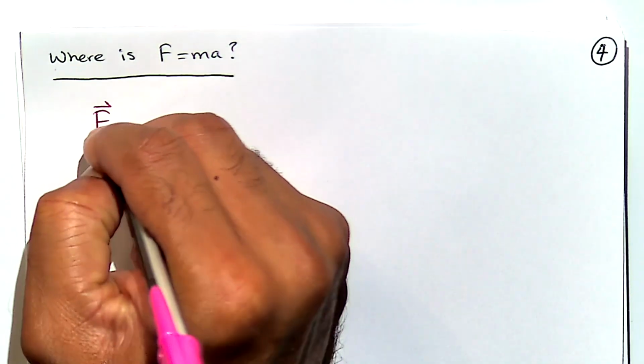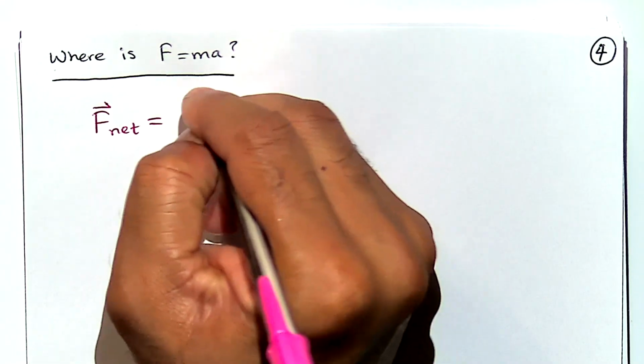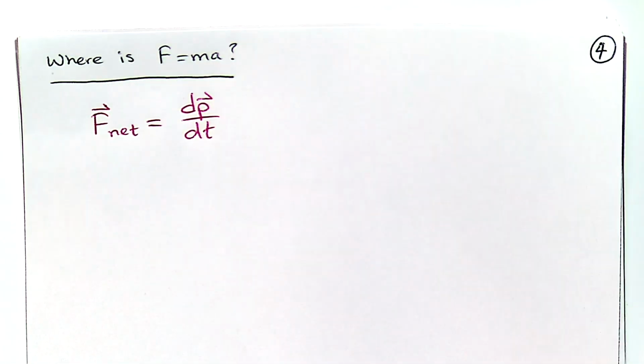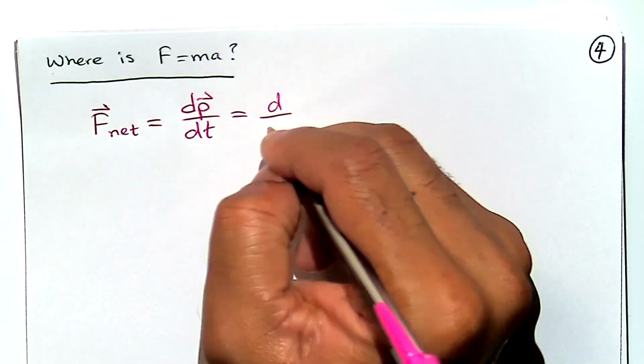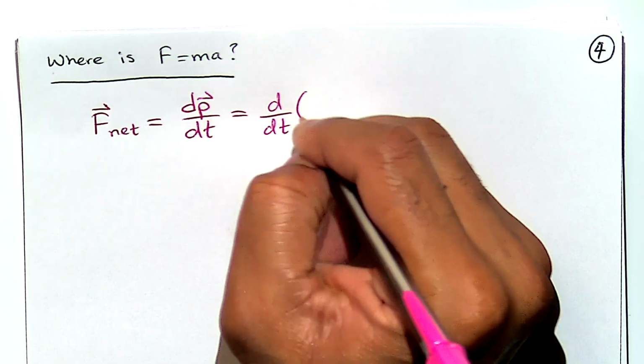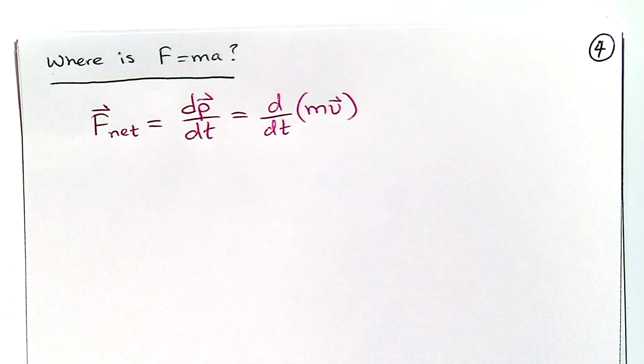If you take Newton's second law, the net force causes momentum to change with time, we can rewrite it as this: the derivative, and then instead of P, we'll put in the definition of momentum, mass times velocity.